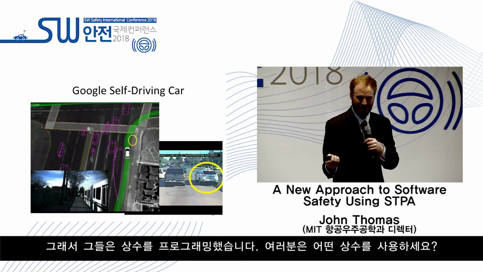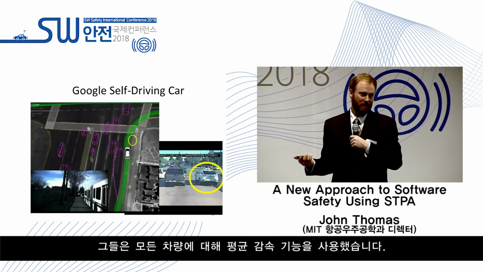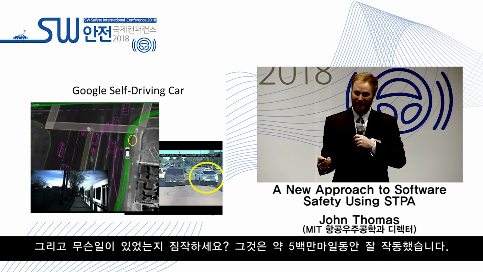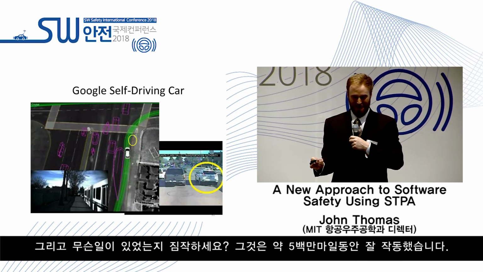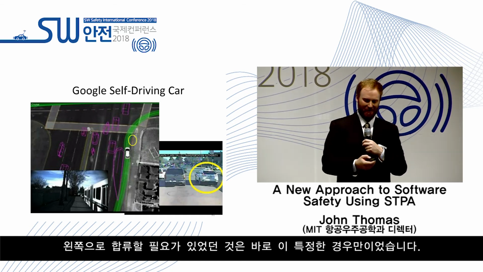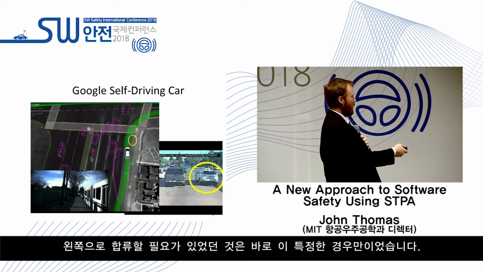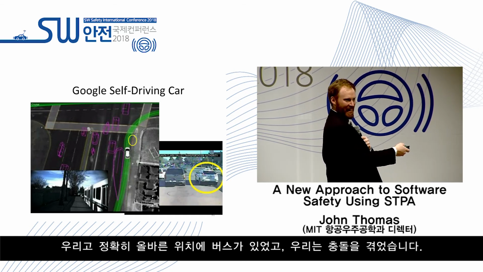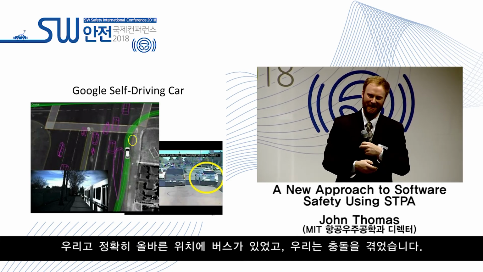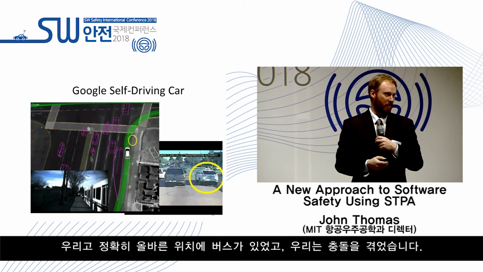What constant do you use? They used an average deceleration capability for all vehicles. And guess what? For about 5 million miles, it worked. It was only in this very specific case where it needed to merge left, and there was a bus in exactly the right position. And then we had this crash.